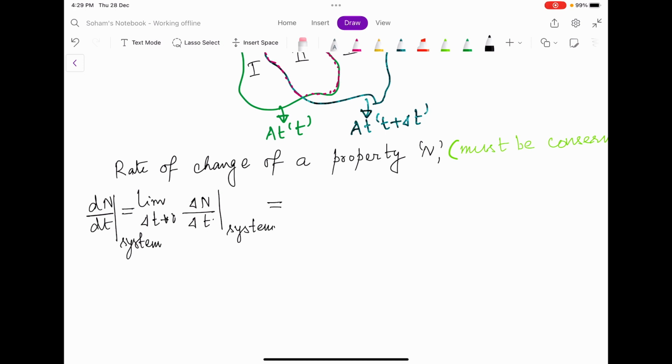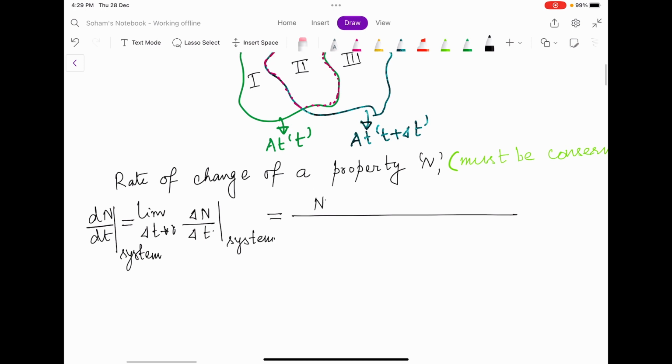Now what will this be? From basic calculus, this will be N of the system at t plus delta t minus N at t, by del t.